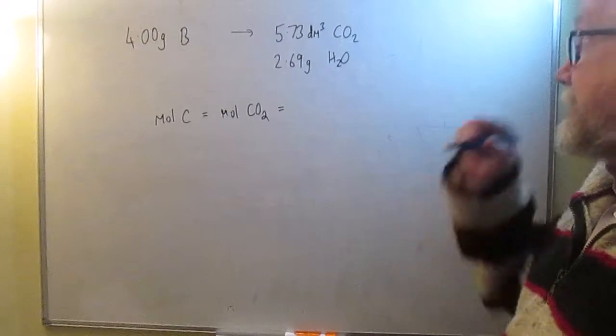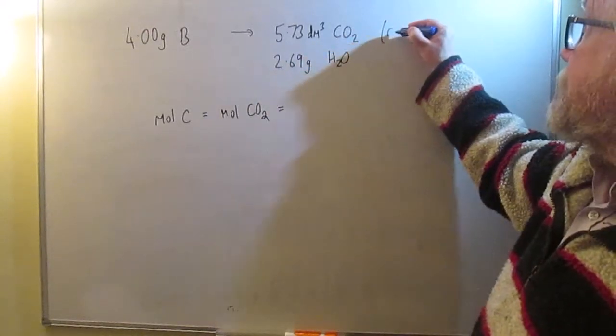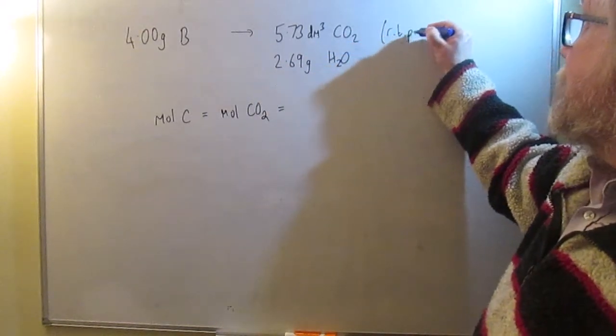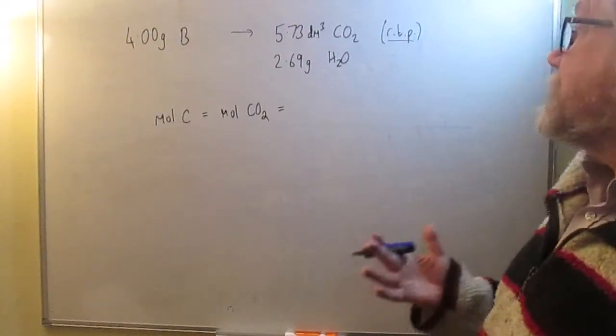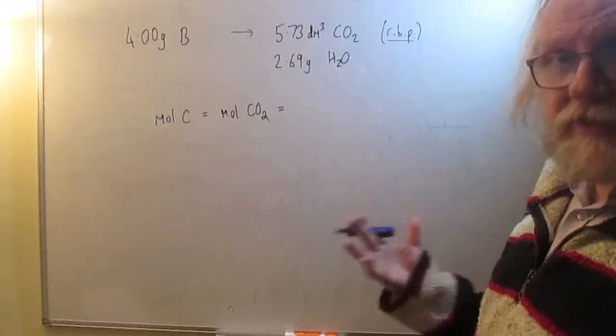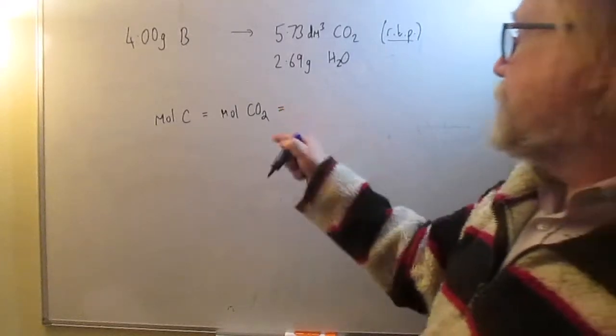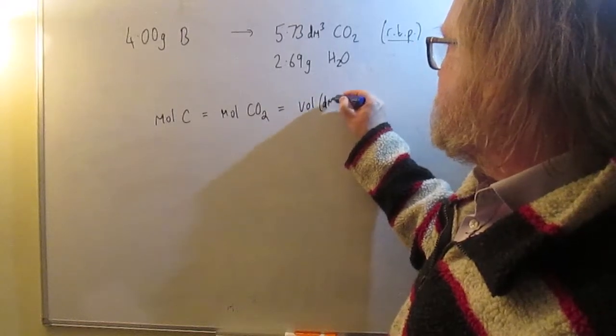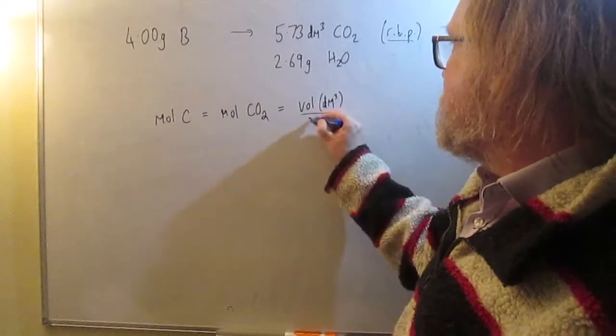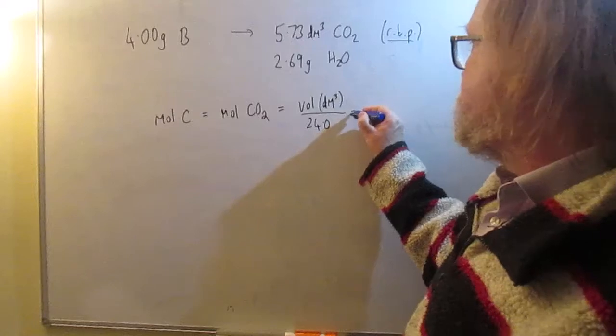And of course we can work that out because it told us this was at room temperature and pressure. As soon as you see that in the question, that acts as a prompt that says you can use the 24 dm cubed trick. Okay, so at room temperature and pressure, the moles of gas is equal to the volume in dm cubed divided by 24.0.